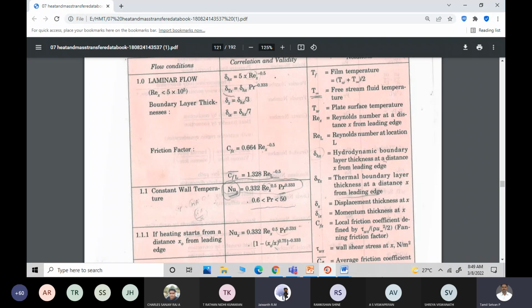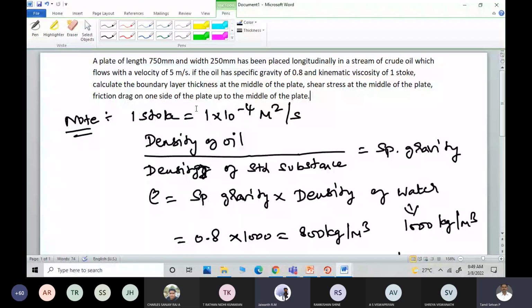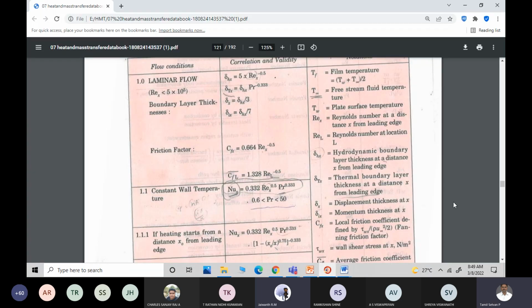What is the second one asked? Shear stress. Since the thermal diffusivity is not given, we will not be able to find the thermal boundary layer thickness. Shear stress: what is the formula used to calculate it? The shear stress is calculated with the help of the friction coefficient.